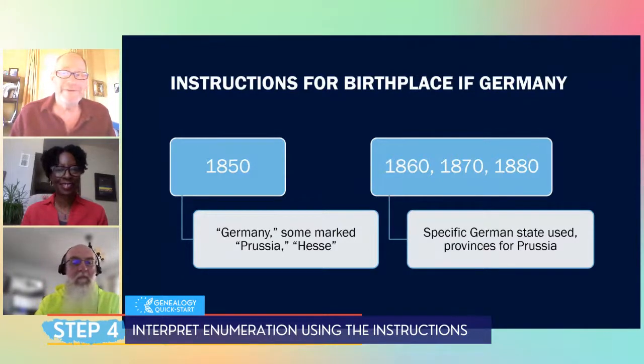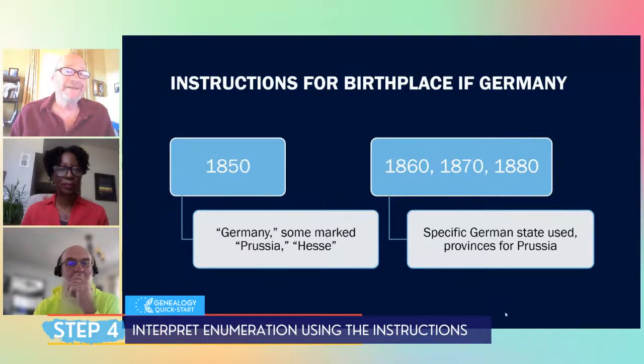I'm sure they would do debriefs after the census, and I believe after 1850 they must have done that, because the instructions became very explicit to use the name of the specific German state, and for the mega kingdom of Prussia to use its provinces, because it had like a dozen different provinces. It covered about half of what would become the Second German Empire.